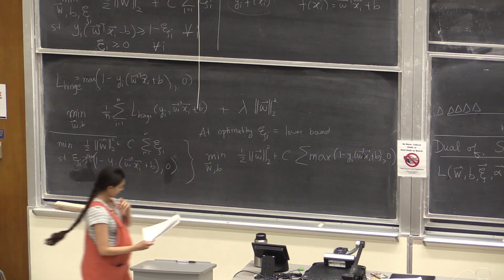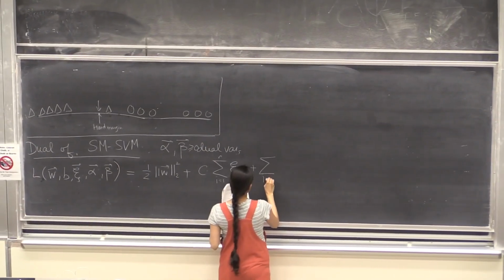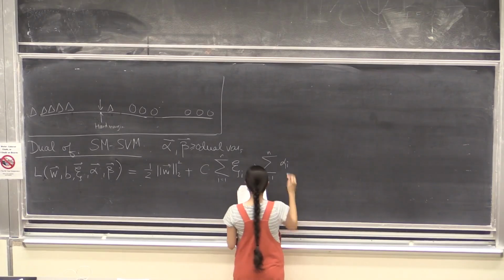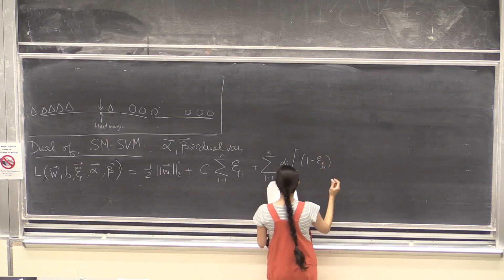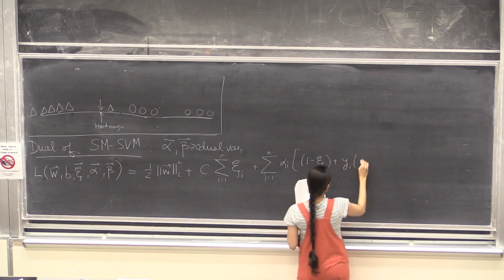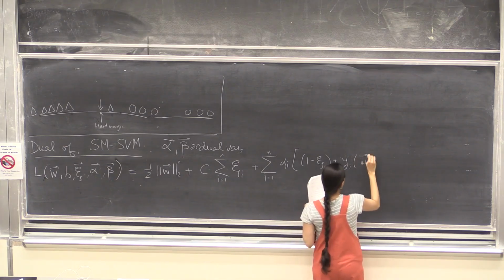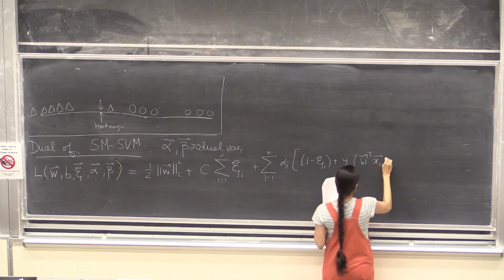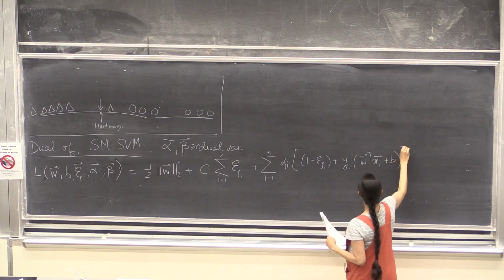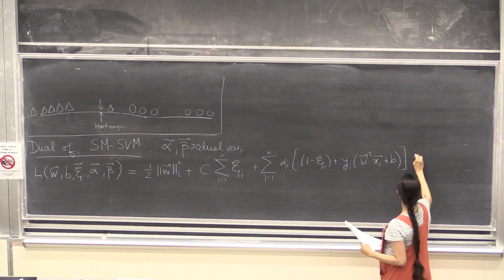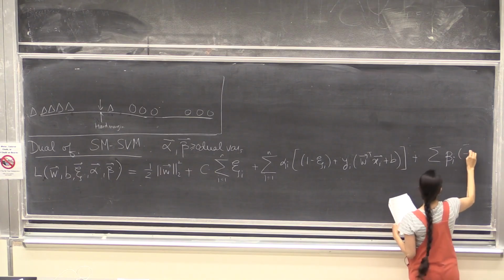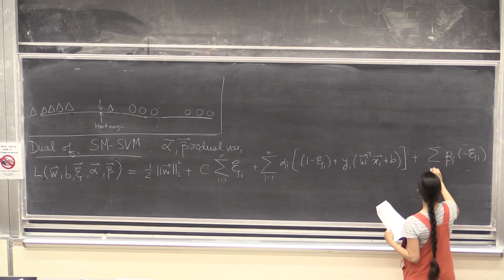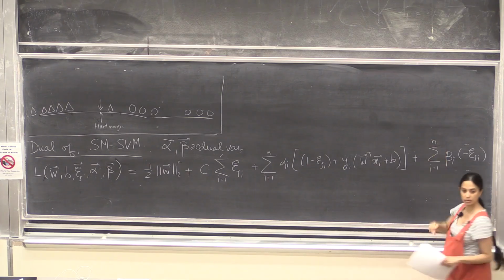So I'm going to rewrite that, and think of this as plus some alpha i times 1 minus psi i plus yi times w transpose xi plus b, and then plus beta i times minus psi i.